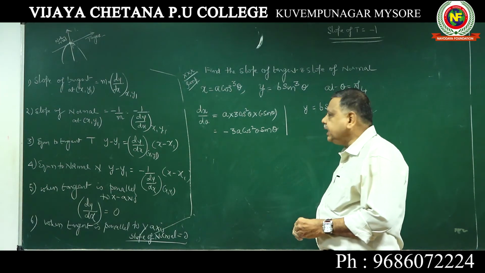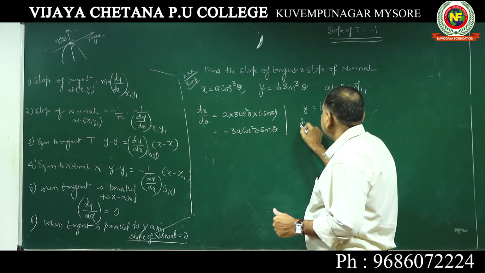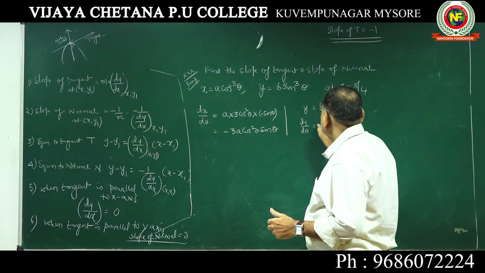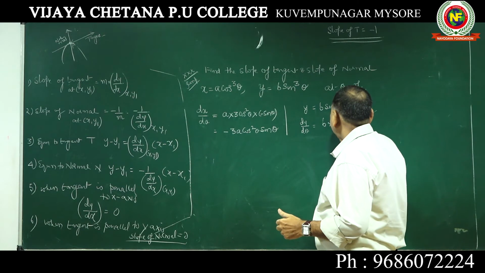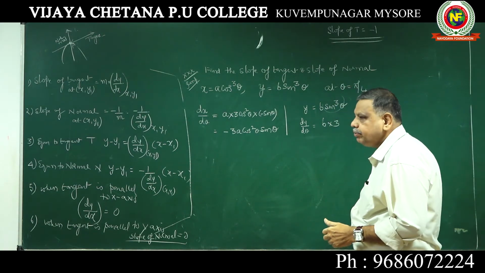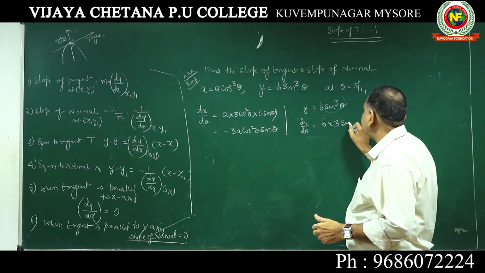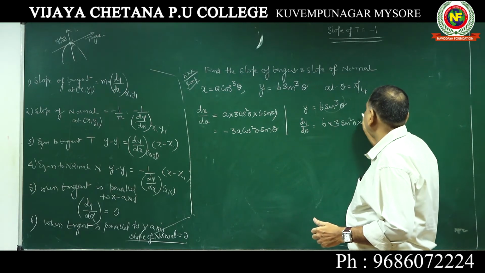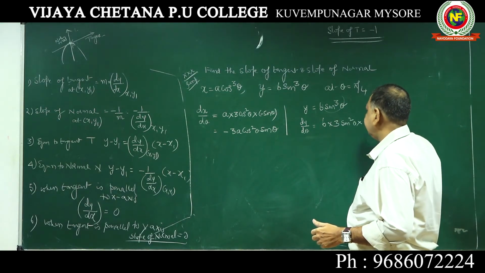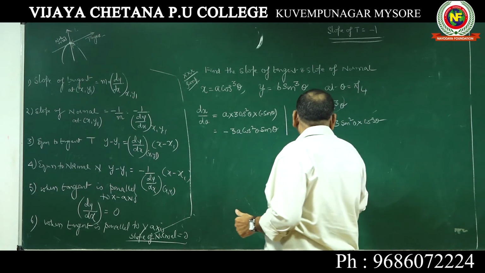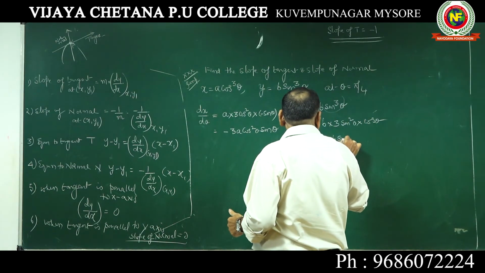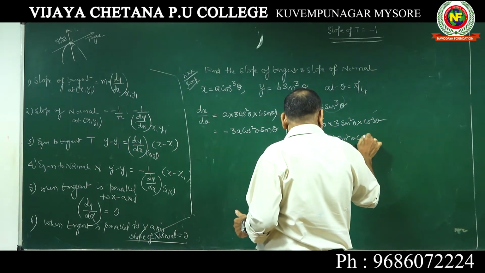Y is equal to b sin cube theta, dy by d theta, theta is the parameter, is equal to b into 3 sin square theta into the derivative of sin theta, which is cos theta, when differentiating with the chain rule. Or it is 3b sin square theta cos theta.